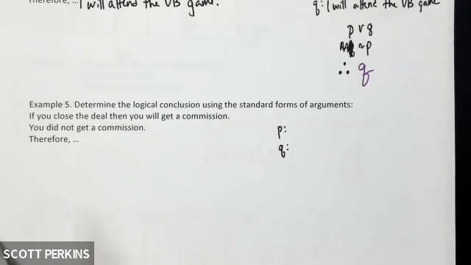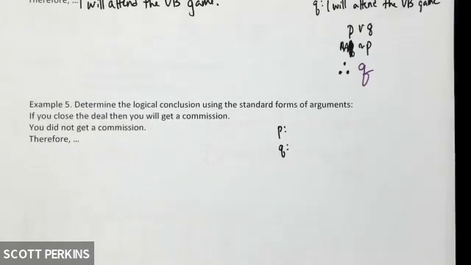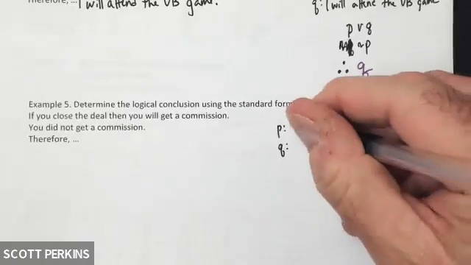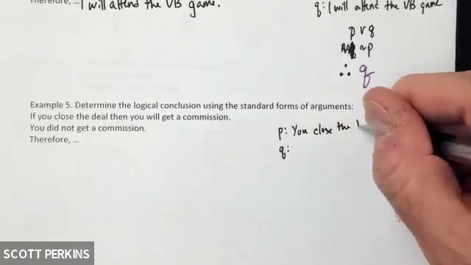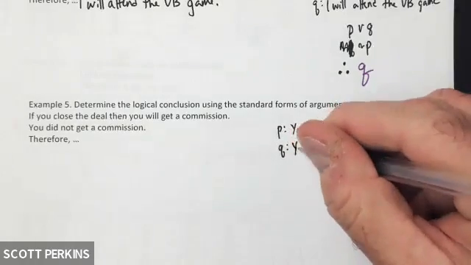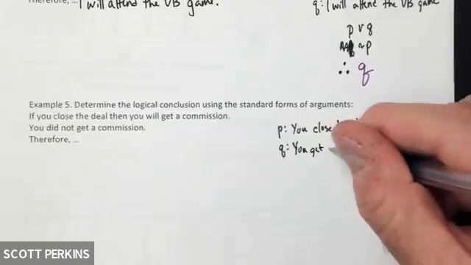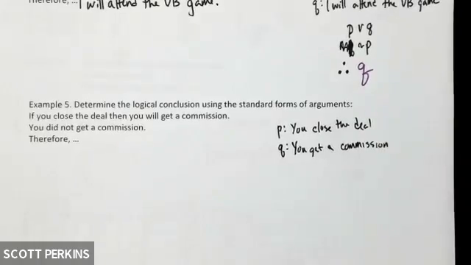So the first statement here says, if you close the deal, then you will get a commission. So I'm going to make statement P, you close the deal. And then statement Q is you get the commission. Okay, so I'm going to write what we have so far symbolically.